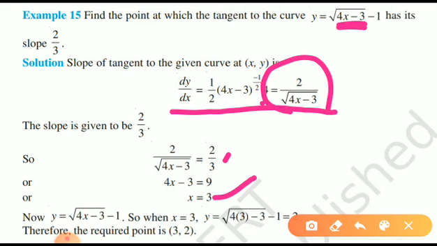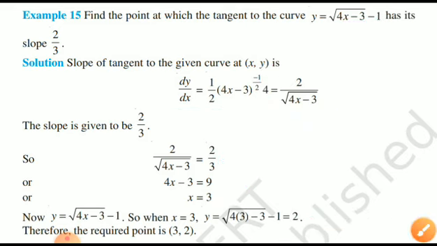Once I have found x, if I substitute that value in the given curve, I get y. If you substitute, you will get y as 2. So the required point is (3, 2).